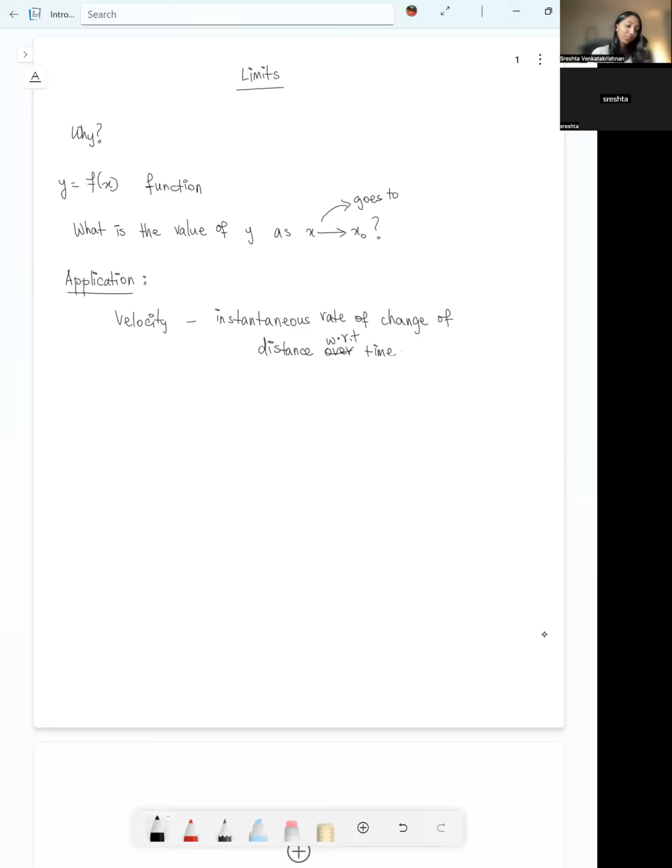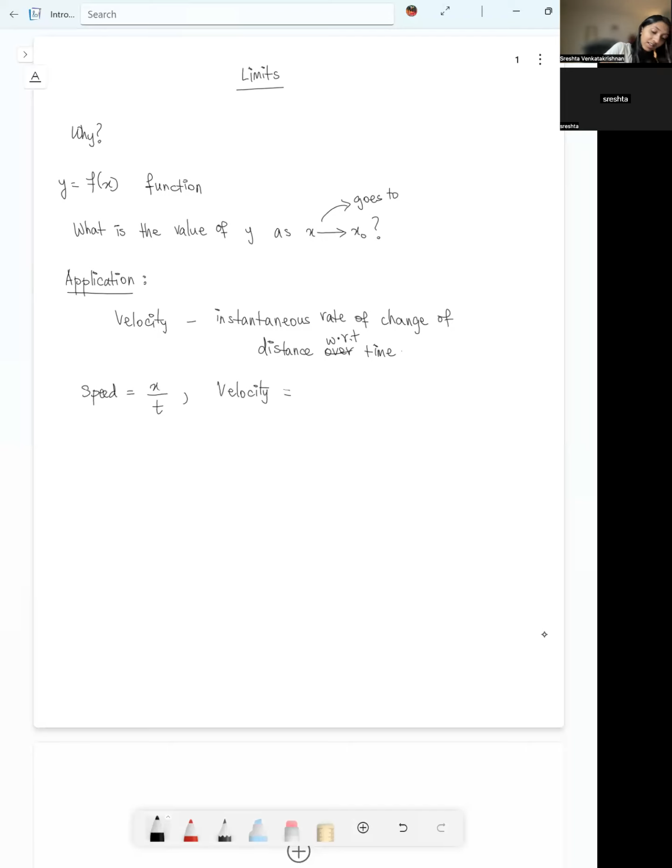So if you cover distance x in time t, your speed is going to be x over t, right? However, velocity you define in terms of displacement as opposed to distance.